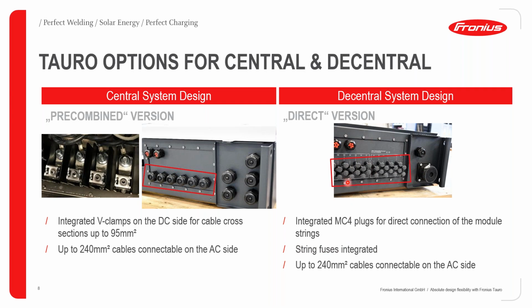This would, of course, not be possible for the pre-combined version because we have those big V-clamps inside. Yeah, so this is what the Tauro options then look like from the outside and also from the inside here with the V-clamps for those two different system topologies.